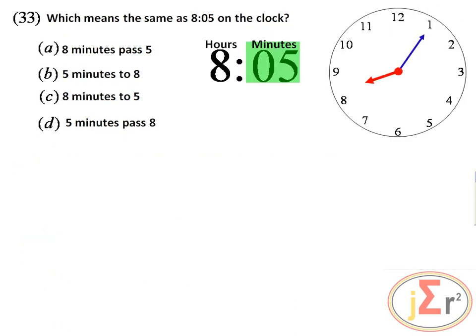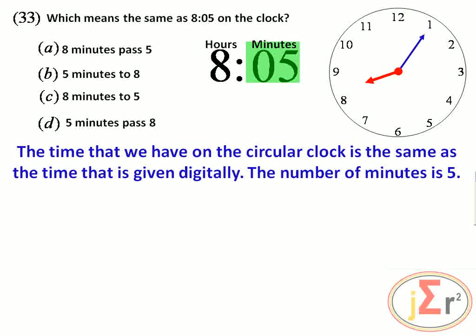Let us take a look at it again, which means the same as 8:05 on the clock. The time that we have on the clock, which is the circular clock, is the same as the time that is given digitally. The number of minutes is 5. So the time on the circular clock is the same as this one. 5 minutes, right here is 5 minutes.